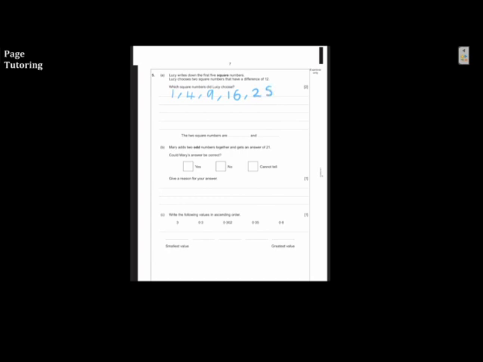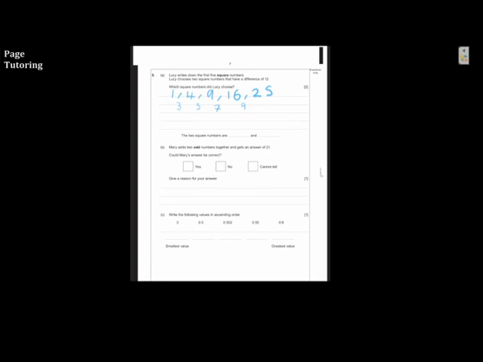And now we're looking for ones where there's 12 difference. Let's have a look. Well, the difference here, we can see that's 3, 5, and then that's 7. Difference here, that's 5, 9. So we can see that it's not consecutive numbers.